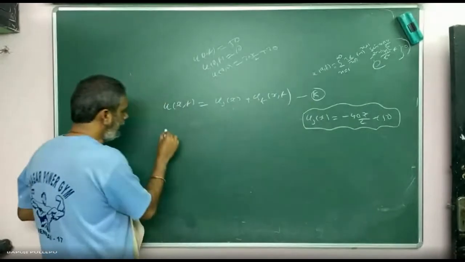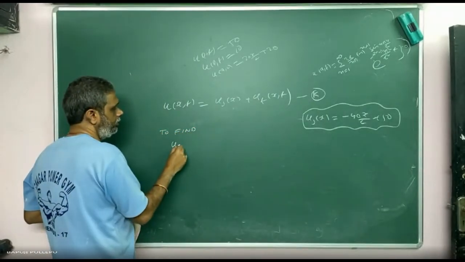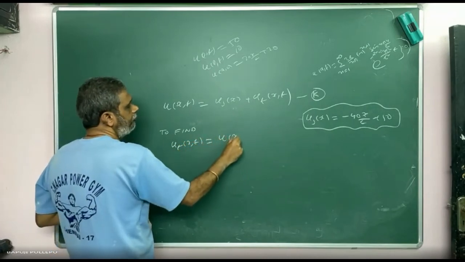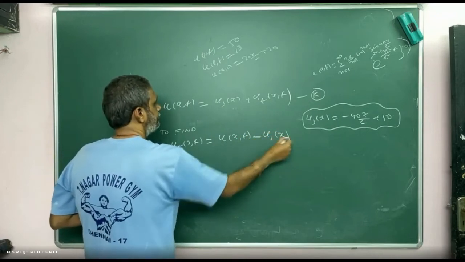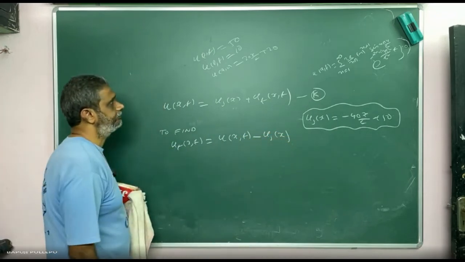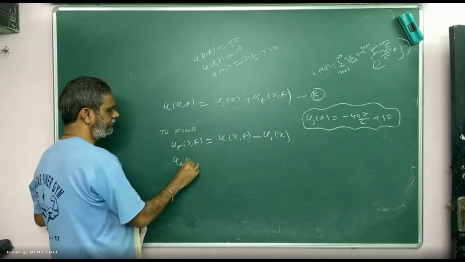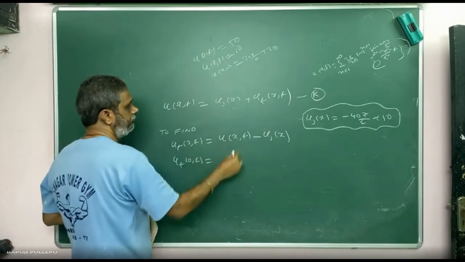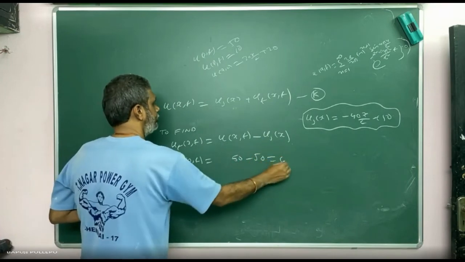Now, to find Ut of x comma t, I write u of x comma t minus Us of x. Now again the same solutions I will do. Ut of 0 comma t is u of 0 comma t, which is 50 minus 50, this is 0.